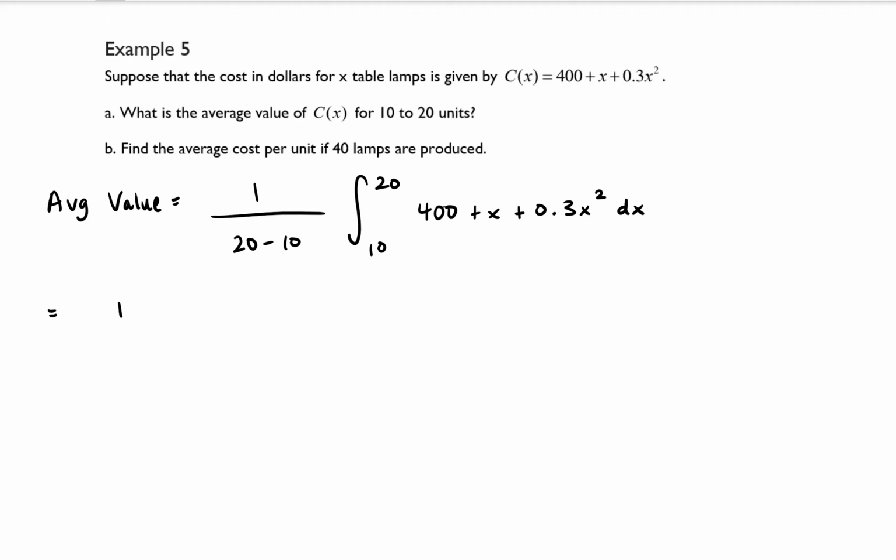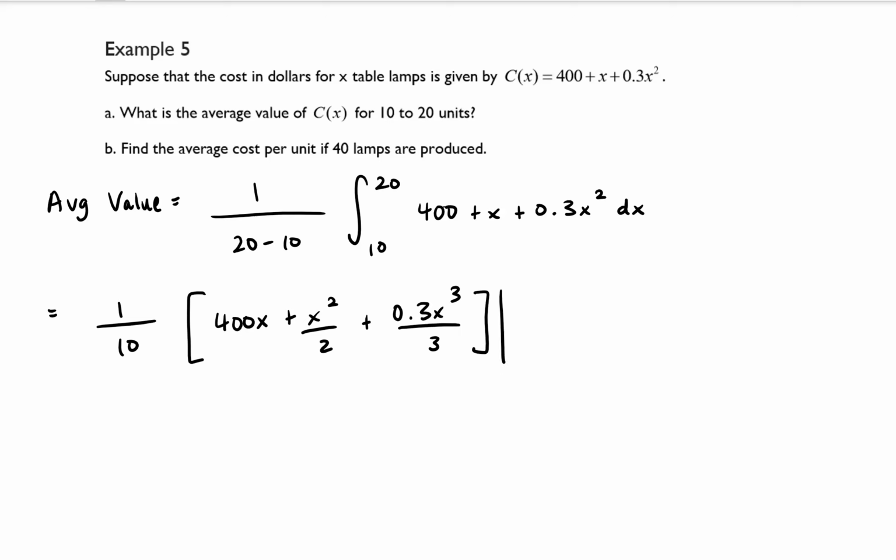So the coefficient in front will simplify to 1/10, and then we have 400x plus x squared over 2 plus 0.3x cubed over 3, evaluated from x equals 10 to x equals 20. So let's just go ahead and plug some numbers in.